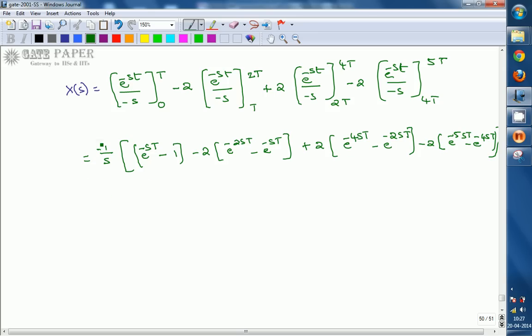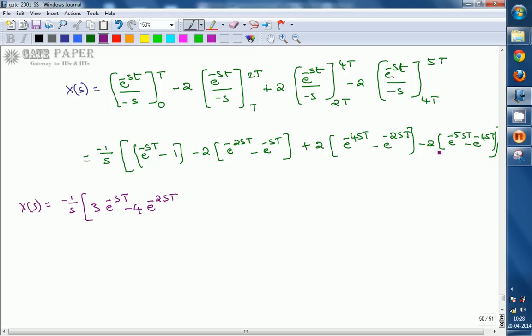By simplifying this we get X of s equals minus 1 by s of, writing in order, e power minus sT, e power minus sT, this becomes minus 2, minus becomes plus 2 e power minus sT, then totally it becomes 3 into e power minus sT. Here you can observe that this is minus 2 into e power minus 2sT, and this is minus 2 into e power minus 2sT, then totally this is minus 4 e power minus 2sT.